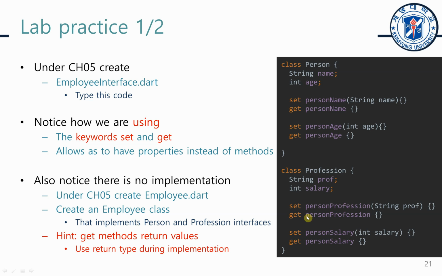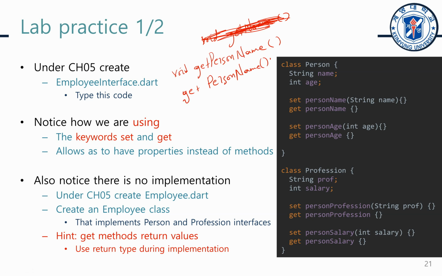Notice one thing here, okay? What you notice is that instead of using such kind of void getPersonName, in Dart we have keywords such as set and get. We can use easily get personName and set personName.